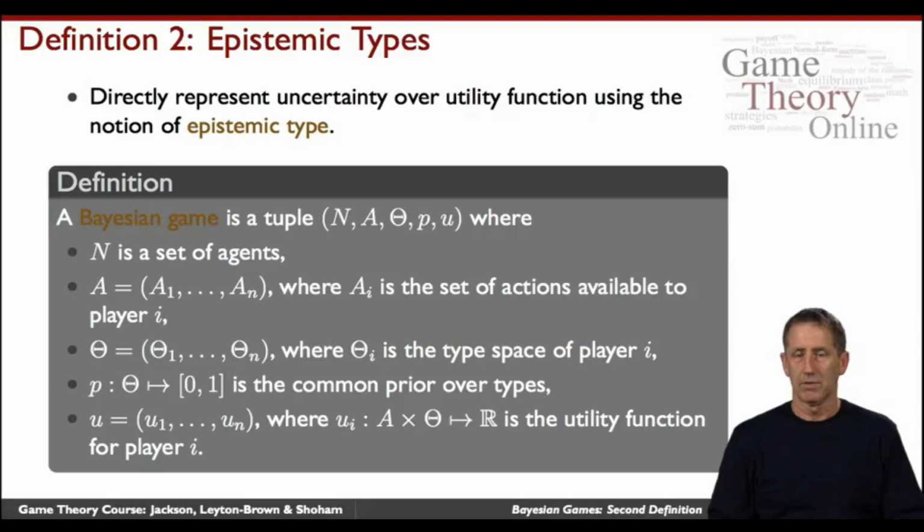So if you look at the first definition of Bayesian game that we saw, having to do with uncertainty about types and the common prior, then the type of the agent was her private signal, that is the information set in which the chosen game lies, as well as everything that emanates from it, namely her beliefs about what the possible information of the other agents are, and information of the other agents about herself, and so forth.